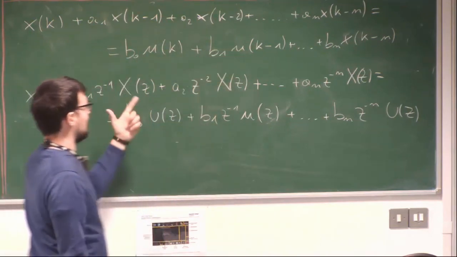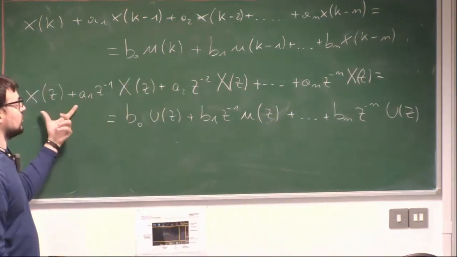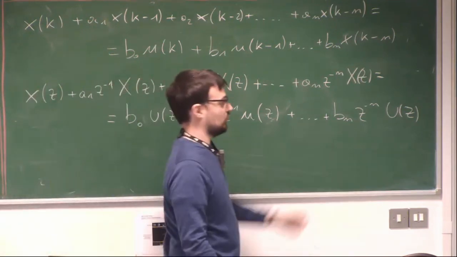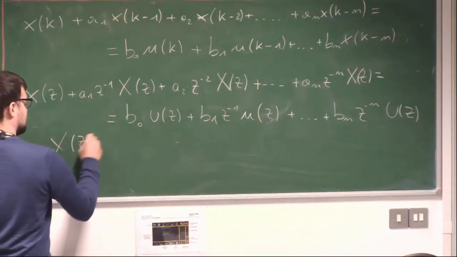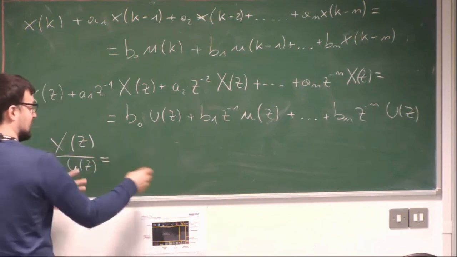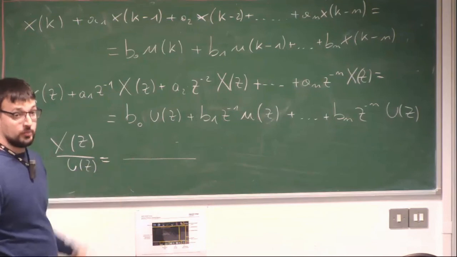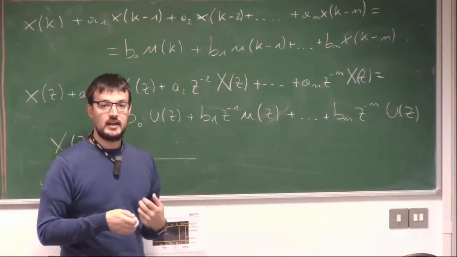So this means that on the left-hand side of this expression, you can factorize x of z, and here you can factorize u of z. And then you can compute x of z divided by u of z, and on the right-hand side, you will have basically a fraction of 2 polynomials, and then you can use partial fractions or you can use the inversion integral.